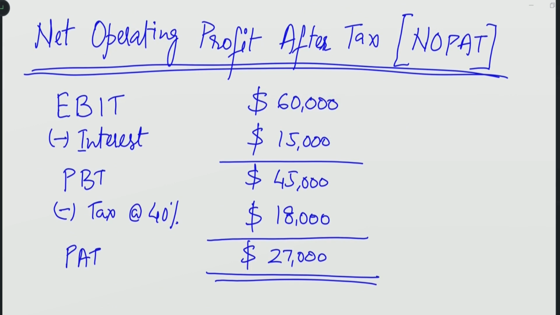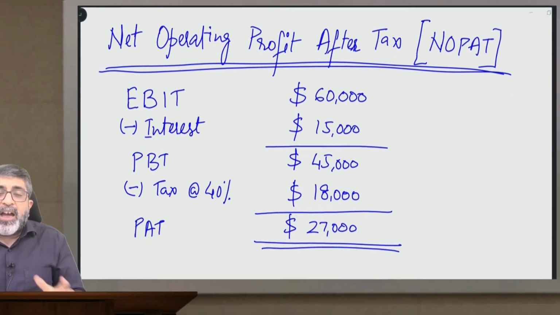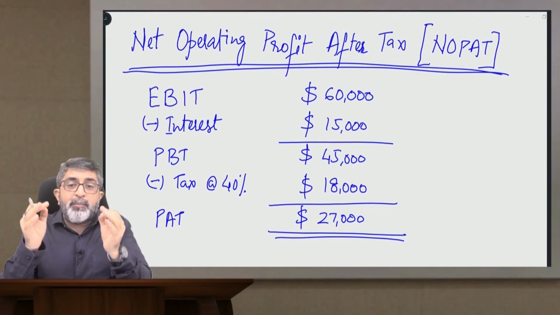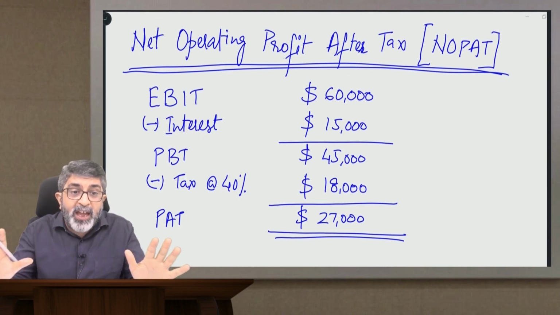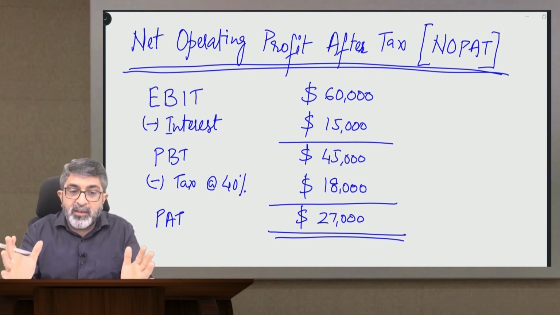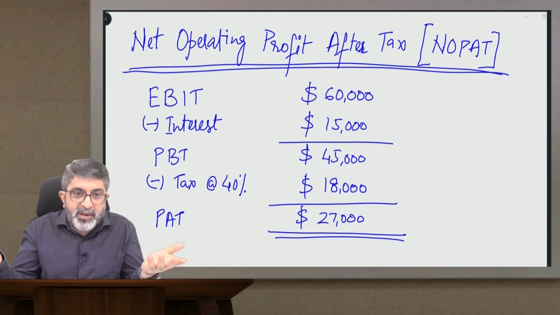What if we have not borrowed any amount? Then there is no need for paying any interest. So we are focusing on one aspect: what if the entity is not funded by debt at all? What if the entity has no borrowings? In that case, there won't be any interest payment, correct?